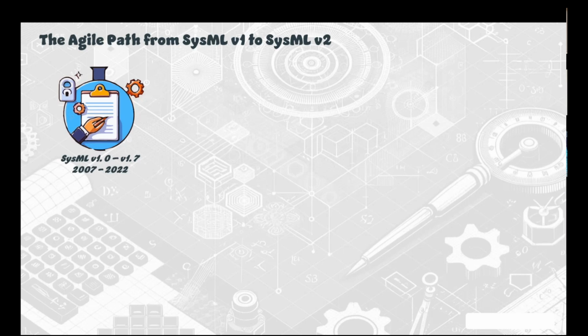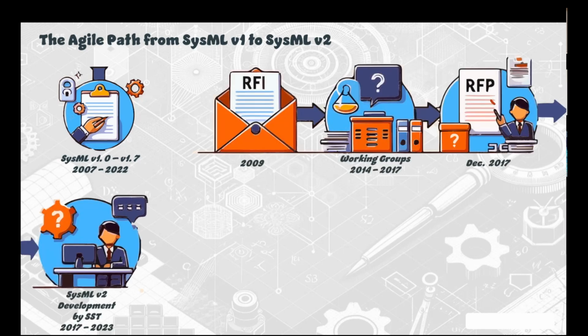And the first steps for the next generation, SysML version 2, were already taken back in 2009, so already 2 years after we published SysML version 1, with a so-called request for information. But things became more concrete in 2014, another 5 years later, when we started working groups working on the roadmap for SysML v2.